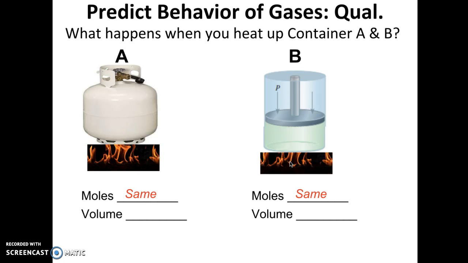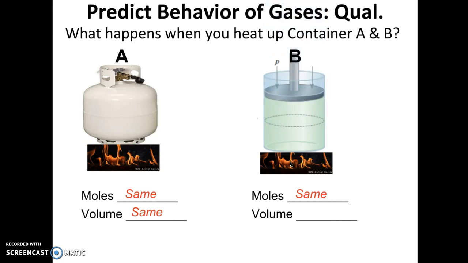Container A is a rigid container, so the volume is not going to change if you heat it up. So that's going to stay the same. However, for B, because you're heating up the gas particles and they're moving faster, they're going to hit against the top of the piston, causing it to move up. And so the volume of the container is going to increase. You went from the volume being this small section here to now having this much larger section. So volume increases.